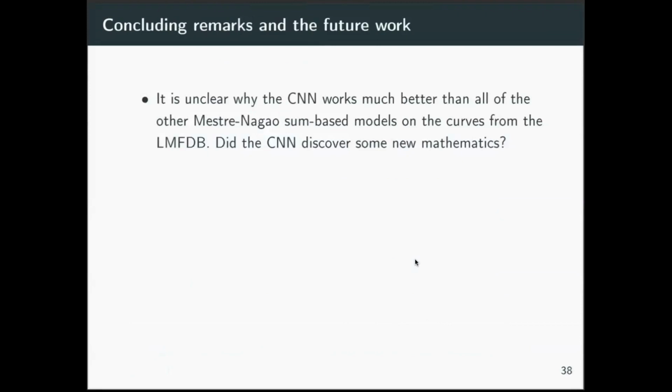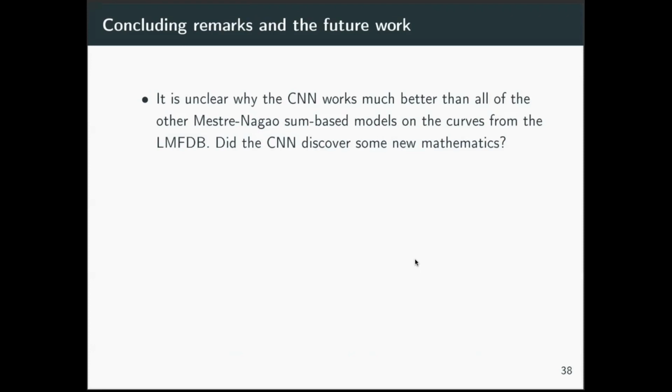Okay, and now a few concluding remarks. So it's not clear why CNN works much better than the other Mestre-Nagao sums on the LMFDB dataset. So the question is, did this neural network discover some new mathematics?